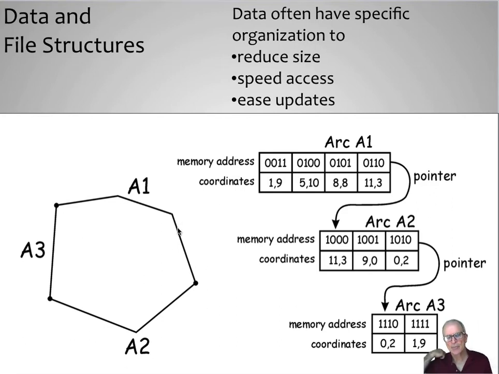If I end up organizing these points in a way, and then setting pointers between those points and the arcs, and then setting pointers between those arcs and the polygons, I can save space, although you wouldn't think so, for many data sets, rather than having to repeat that line definition a bunch of times. So once for this polygon and once for the adjacent polygon.